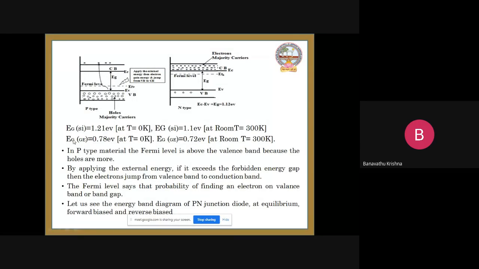Similarly, for germanium, the energy gap is 0.78 electron volt at 0 degrees K, and at room temperature it is 0.72 electron volt. So in p-type material, the Fermi level is above the valence band because the holes are more. Okay, next.